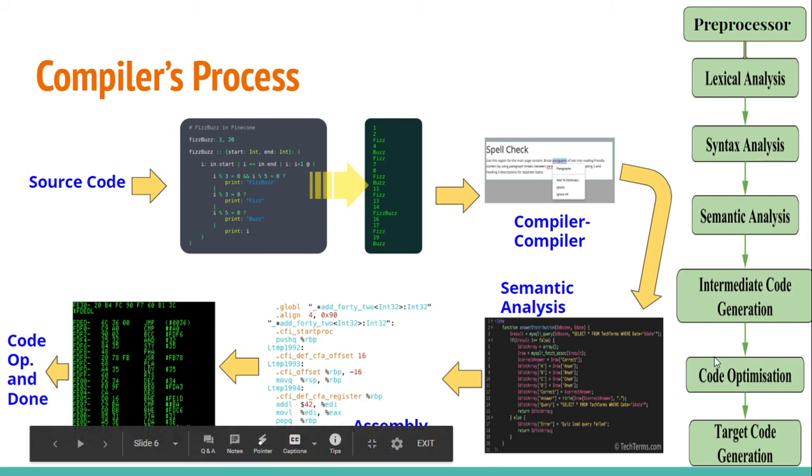Then the compiler takes the code from the intermediate representation and turns it into a form that can be easily and efficiently used by the computer to execute the task, such as a machine code. Now, the intermediate representation was for the compiler to understand what was going on in the code and for the compiler to analyze it. But now, the compiler has turned it into this machine code, which the computer will now be able to understand and complete the task.